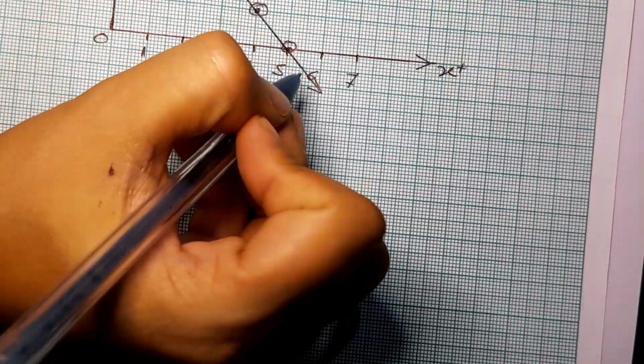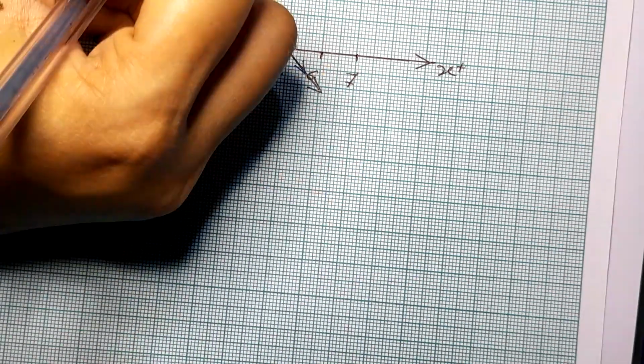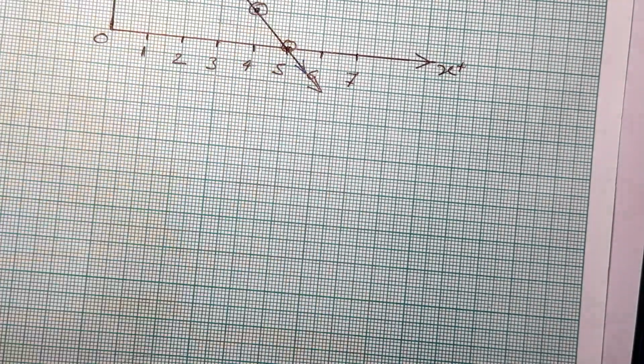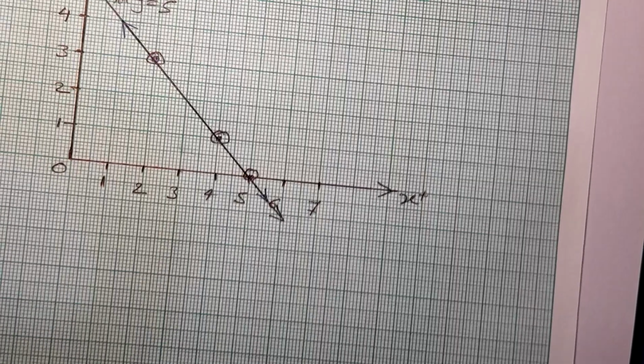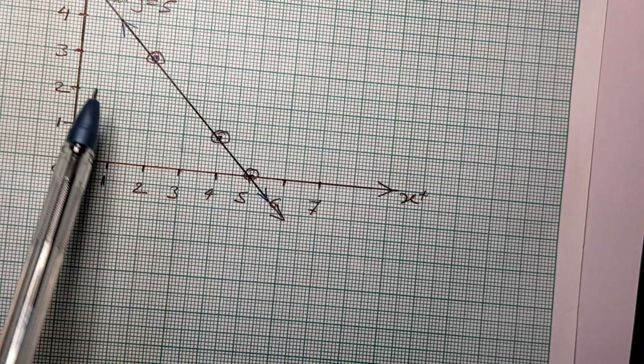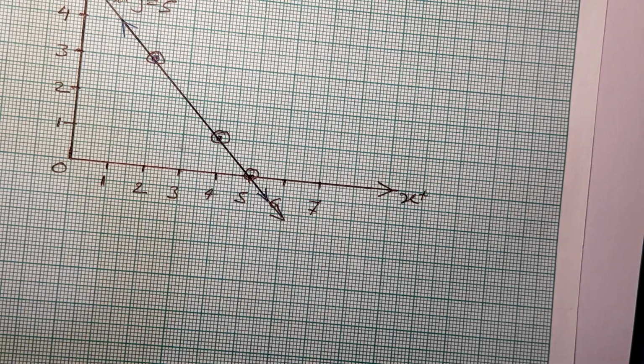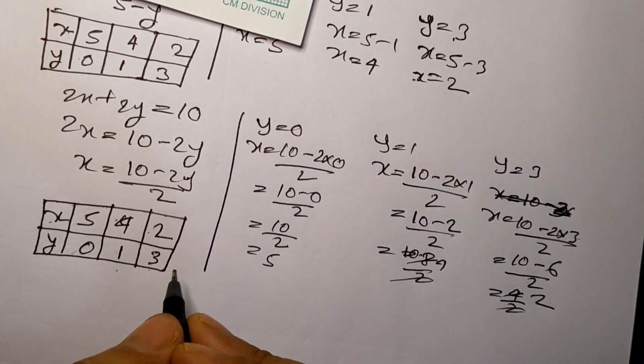It's not visible, so give another arrow here with a different color, this side and this side. So now we got two lines, one above the other. So how many solutions? This is infinitely many solutions.